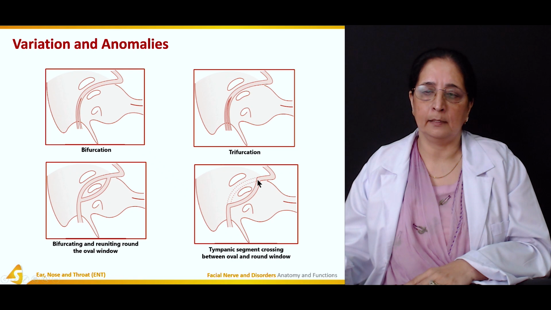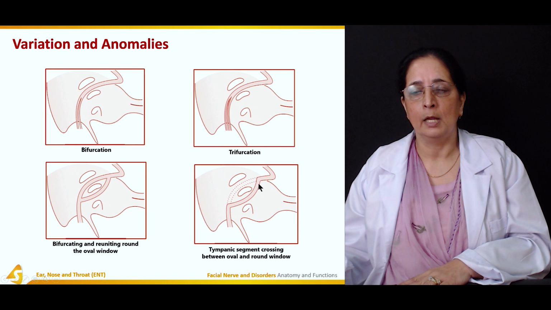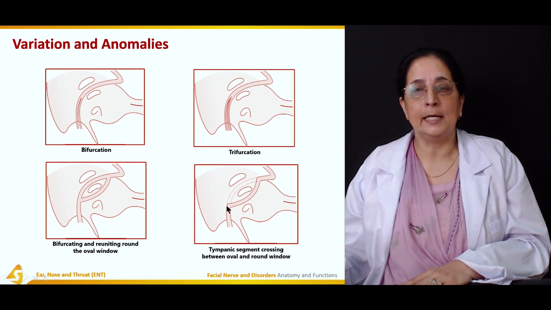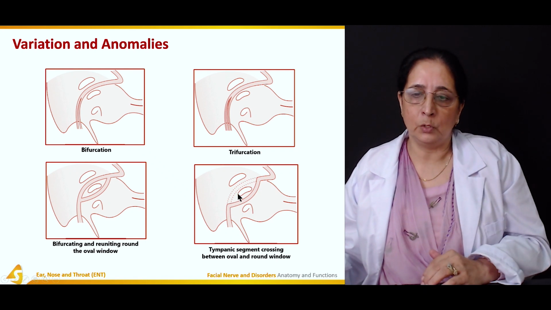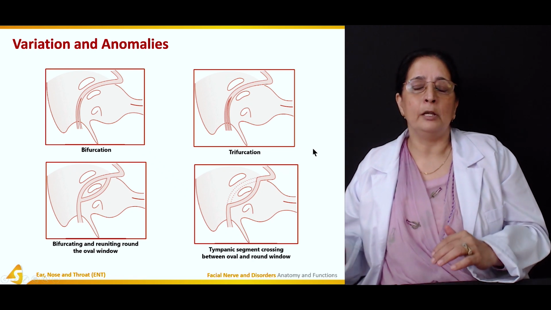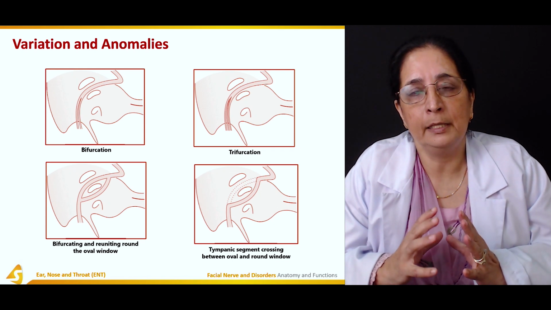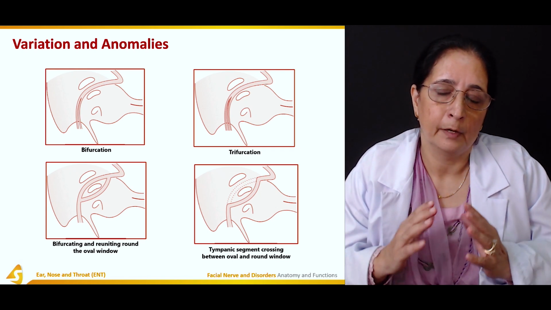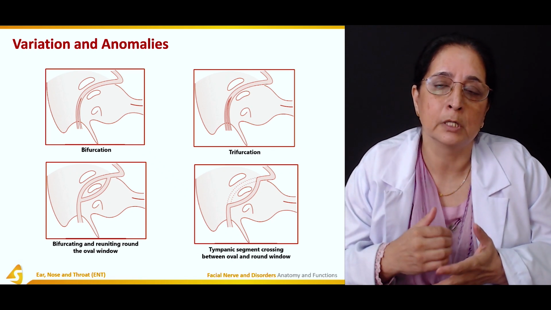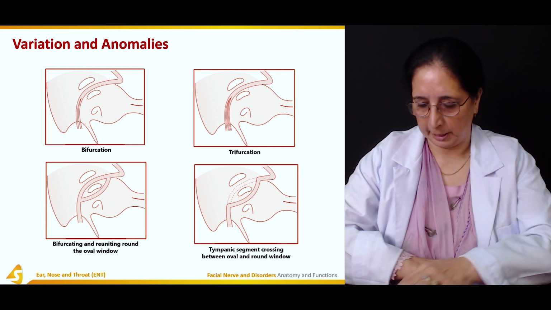This is the normal course of the facial nerve, but instead of that, a segment is going between the round and oval window. So all these are the variations that can occur in the course of the facial nerve between the horizontal canal and the oval and round window, and these variations can cause different problems and complications.